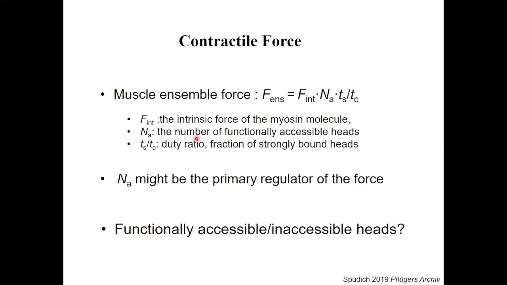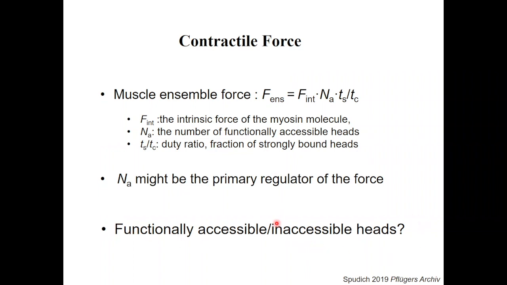Na is the number of functional accessible heads, meaning how many motors actually participate in the contraction. And the duty ratio is the fraction of myosin heads that are strongly bound at any given moment. It has been hypothesized that Na, the number of accessible heads, might be the primary regulator of force generation. And the question is, what are the functionally accessible or inaccessible heads?